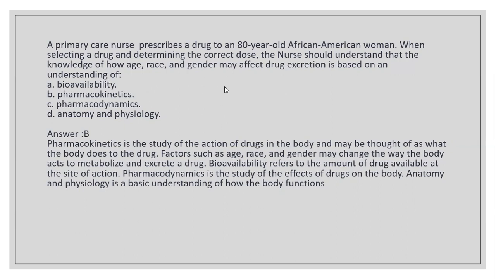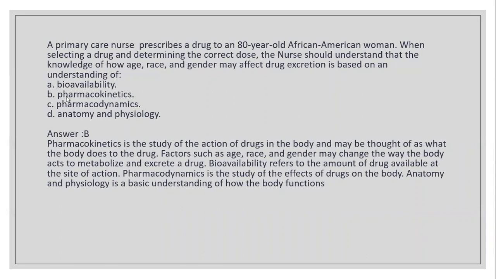Basically, we talk about the medication, how it is affected by age, race, gender, and also how drugs are eliminated from the body. Particularly in pharmacokinetics, we discuss all of them.